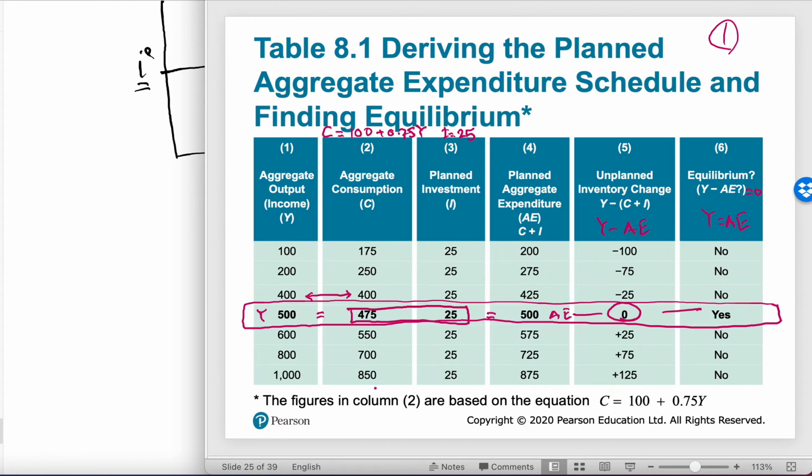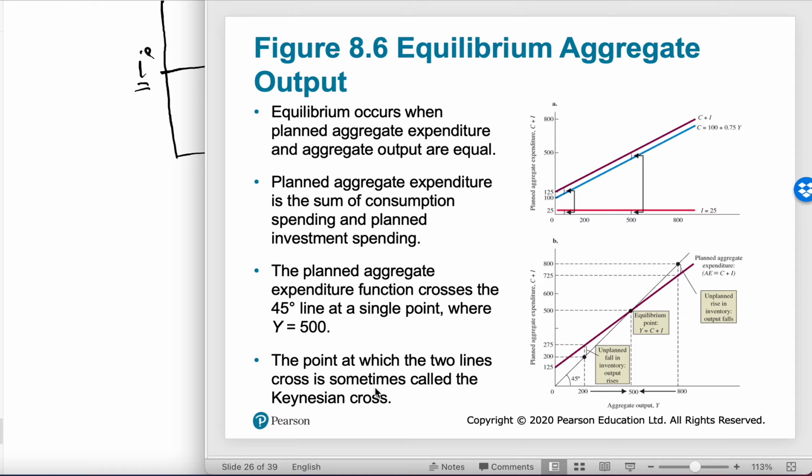We can have an alternative representation with the graph. The graph is showing that consumption is 100 plus 0.75Y, right? And investment is this constant 25.